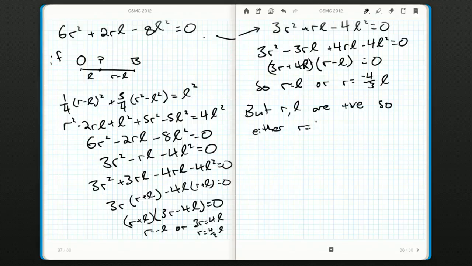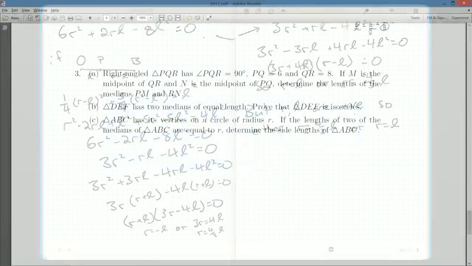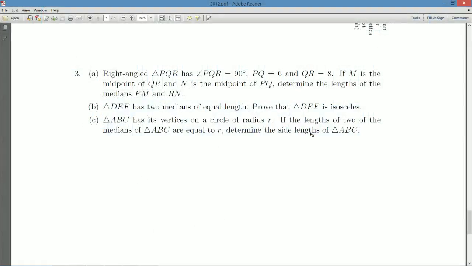So either r is equal to 4/3 times that length, or r is equal to L. So now we have two cases. We worked it down. We have a relationship between r and L, and we can probably solve for our side lengths. And I think that's what we wanted in the first place, right? Determine the side lengths of A, B, and C.